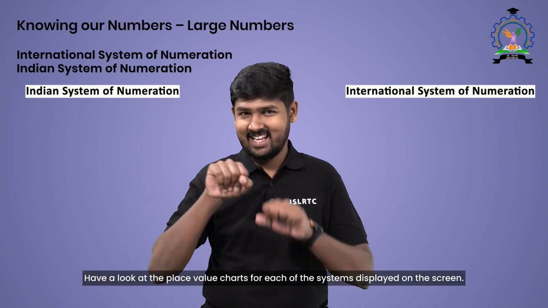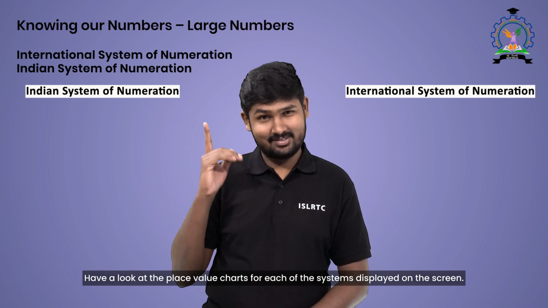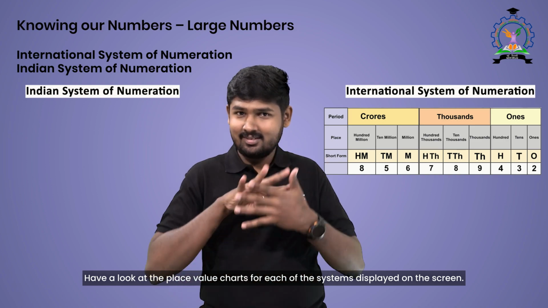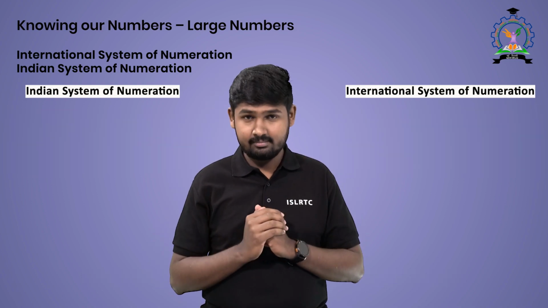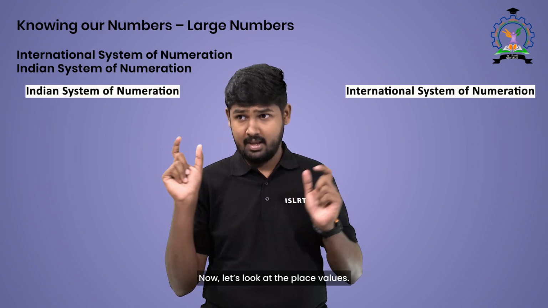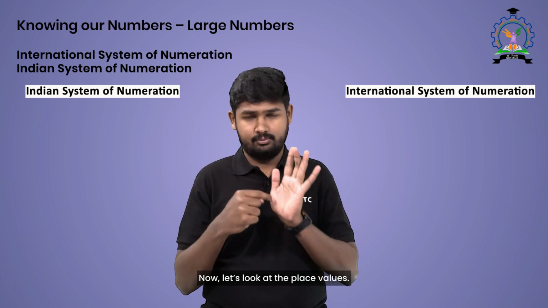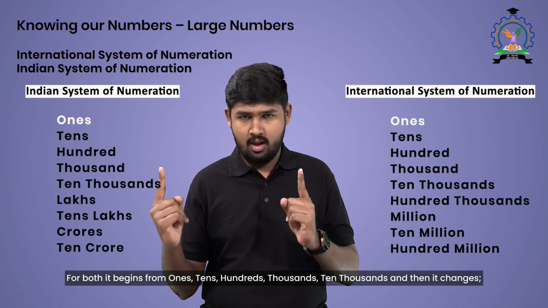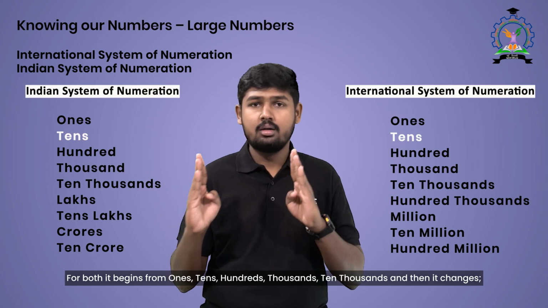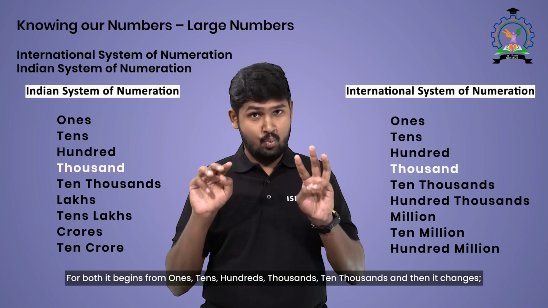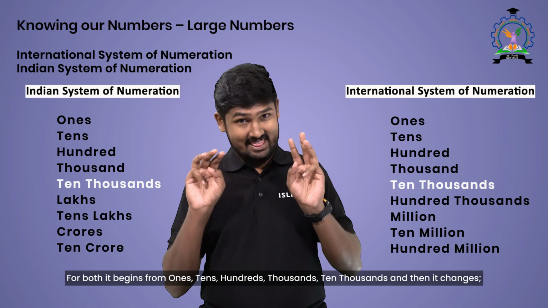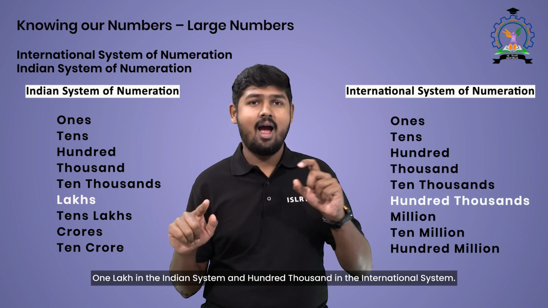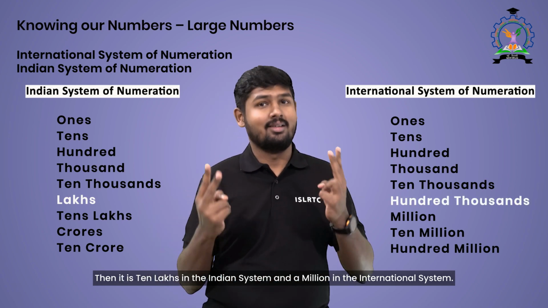Have a look at the place value charts for each of the systems displayed on the screen. Now, let's look at the place values. For both, it begins from ones, tens, hundreds, thousands, 10,000s and then it changes. 1 lakh in the Indian system and 100,000 in the international system.